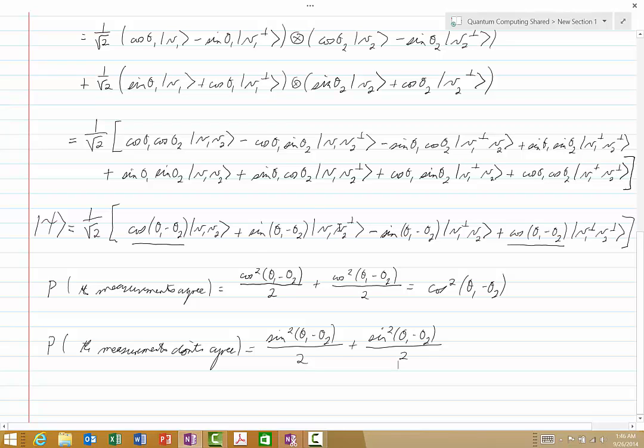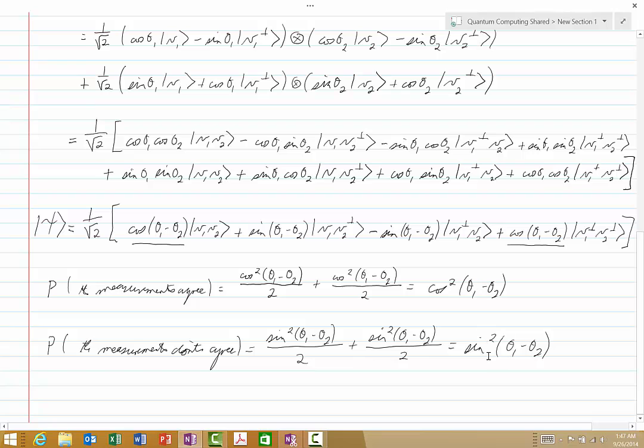We have V1, V2 orthogonal, so one is associated with a +1 eigenvalue and one with a -1 eigenvalue, and here one with a -1 eigenvalue, one with a +1 eigenvalue. So in this case, the measurements are not agreeing, and the probability is this over the square root of 2 squared plus this. And when we square the negative sign, that goes away. So we have sine squared of theta 1 minus theta 2. And as expected, we see that these two probabilities add to 1.